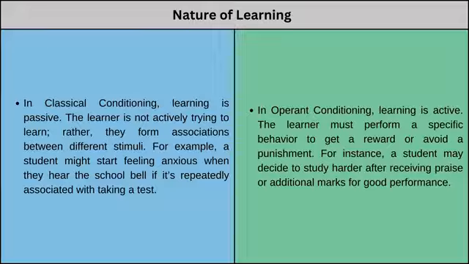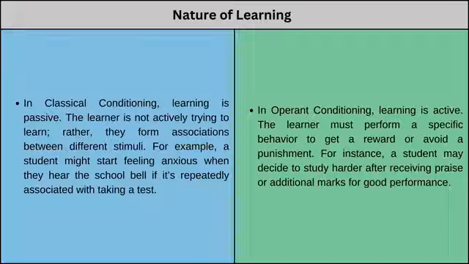In contrast, in operant conditioning, learning is more active. The learner must perform a specific behavior to obtain a reward or avoid punishment. For example, imagine a student who receives praise or extra marks for their good performance in class. This motivates them to study harder and continue performing well.